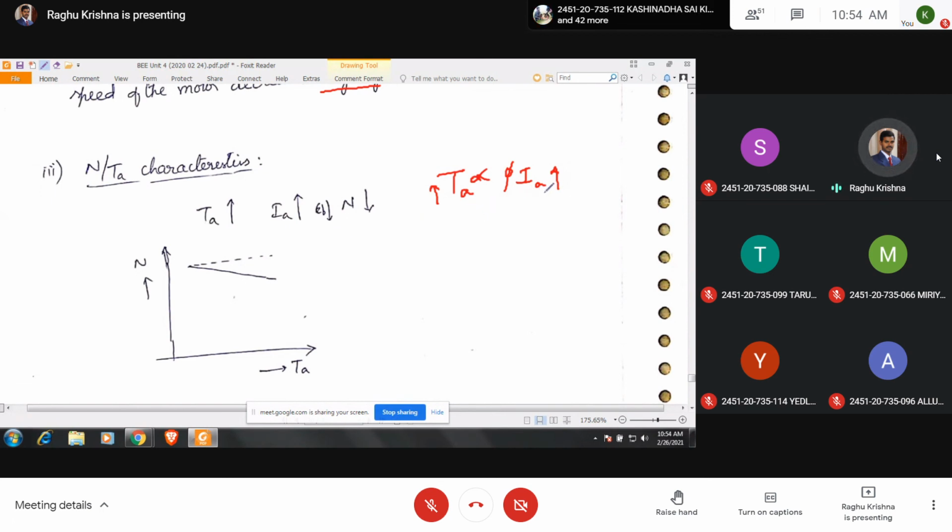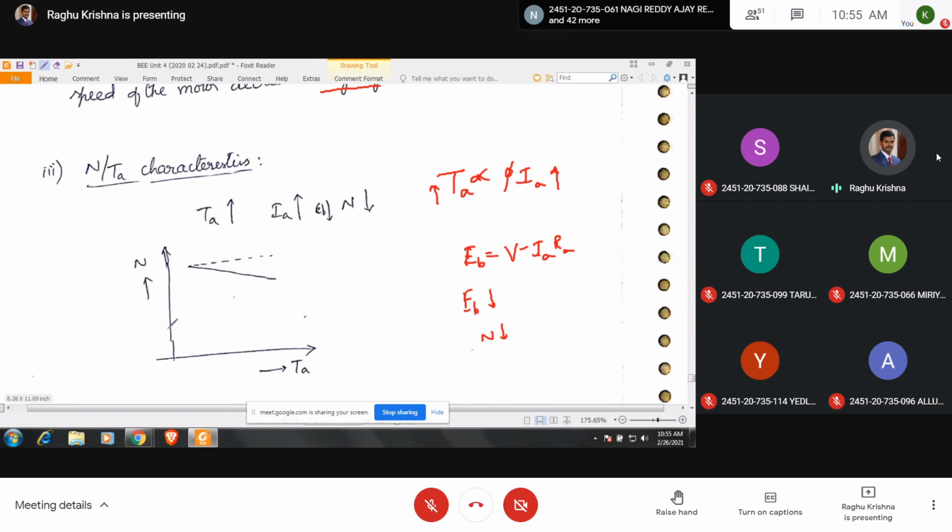As Ia increases, what happens to EB? You know that EB equals V minus IaRa. If Ia increases, EB decreases. So if EB decreases, what happens? Speed reduces. So as torque increases, speed reduces.